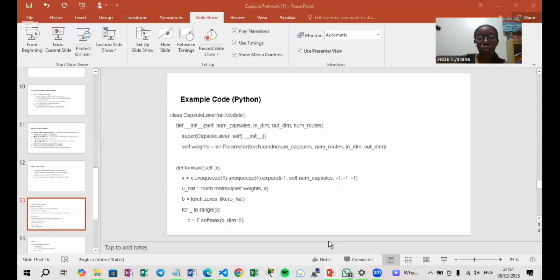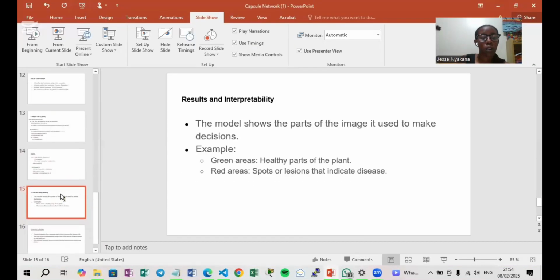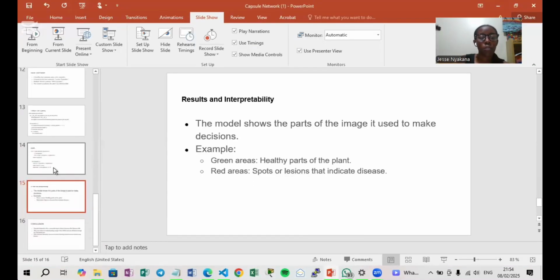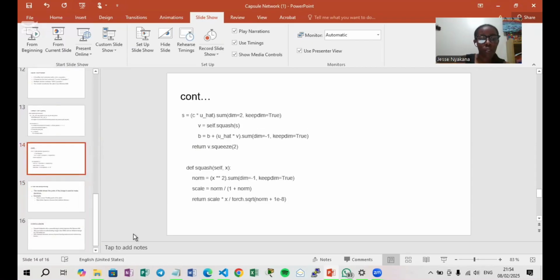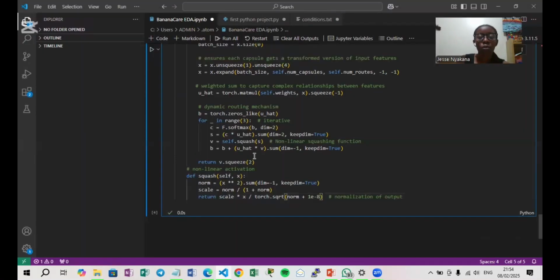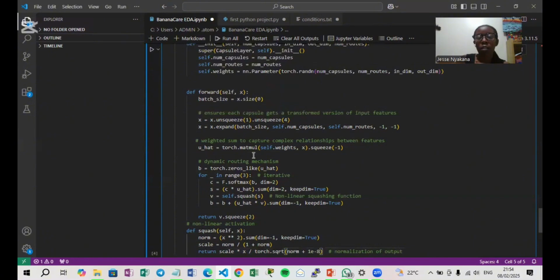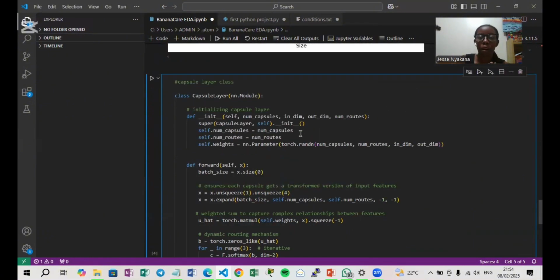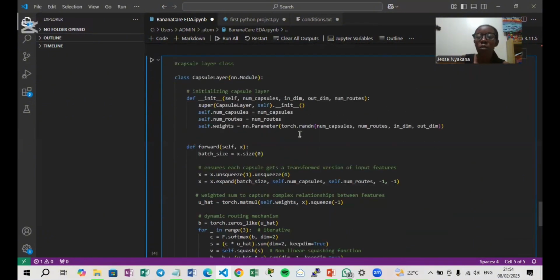So going back to our presentation, the results of this code. We haven't properly written code for our project.